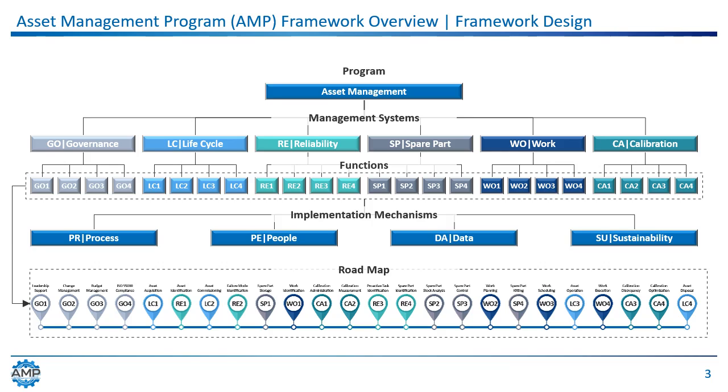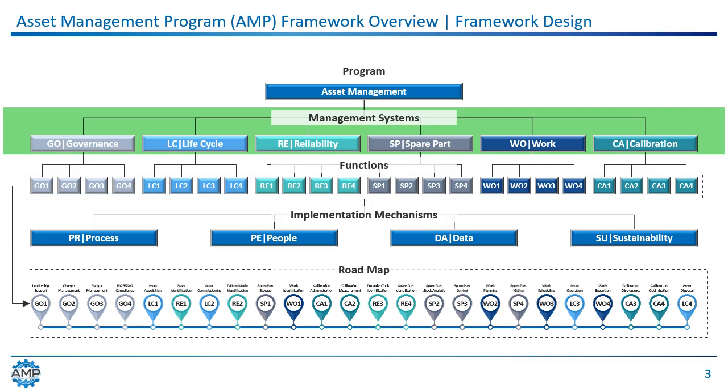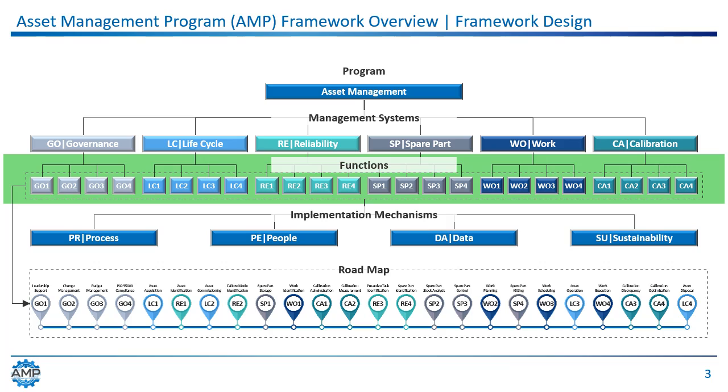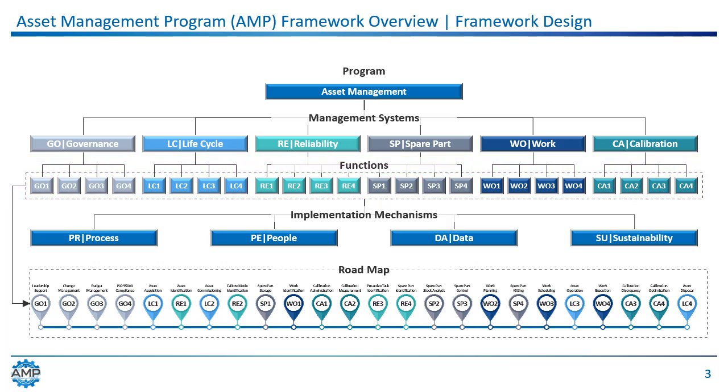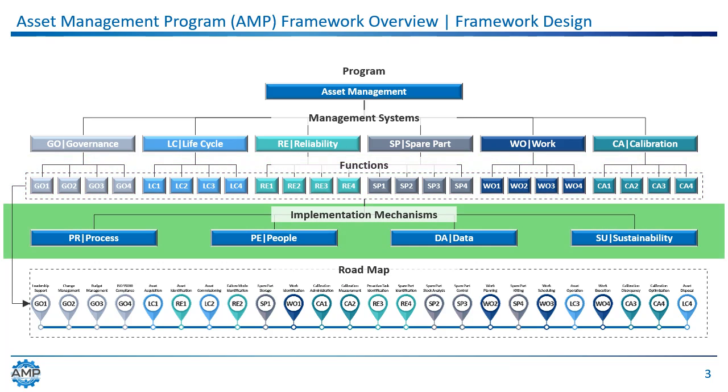Later in this course, we're going to discuss the framework structure in more detail, but the idea to take away at the moment is that the program consists of 6 areas of practice called management systems. These are governance, lifecycle, reliability, spare part, work, and calibration. Each management system contains 4 focus areas called functions, and each function is enabled by 4 implementation mechanisms, which are the processes.